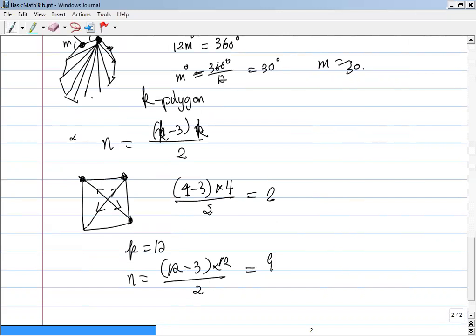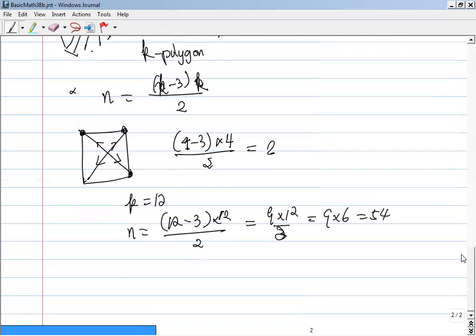It's going to be 9 times 12 divided by 2, so 9 times 6, which is 54. So 54 is going to be the answer. So 54 is good. So you find n and m and add them together, and you get the answer.